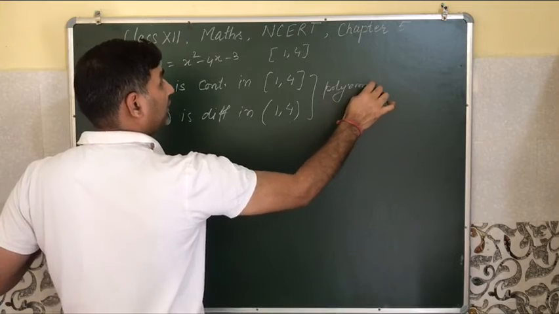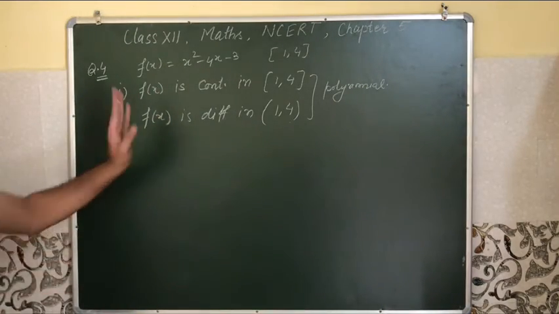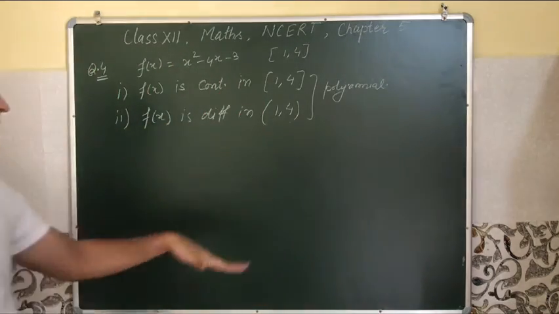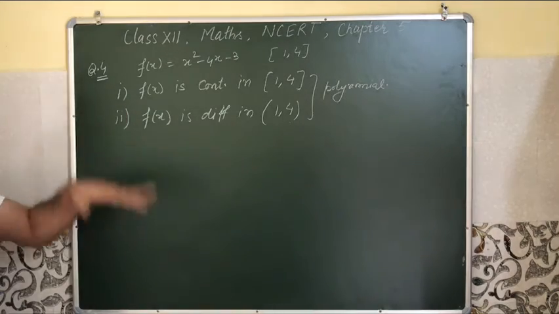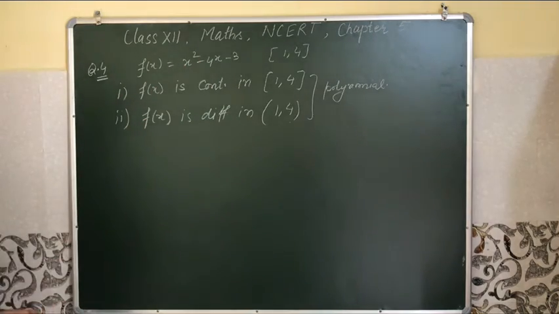Polynomial function is continuous and differentiable everywhere. Polynomial function है तो आप पूरे के पूरे लिख देंगे. The given function is a polynomial function. Polynomial function is continuous and differentiable everywhere. Then fx is equal to x square minus 4x minus 3.